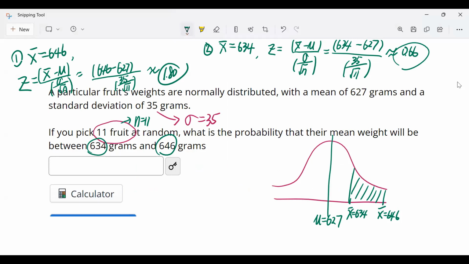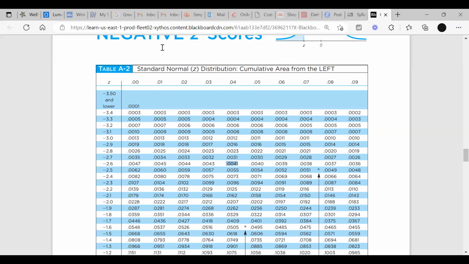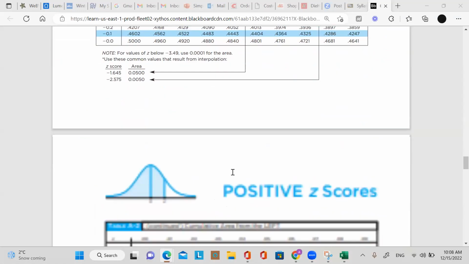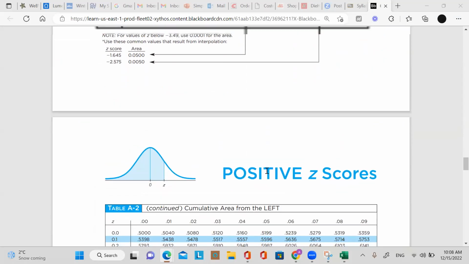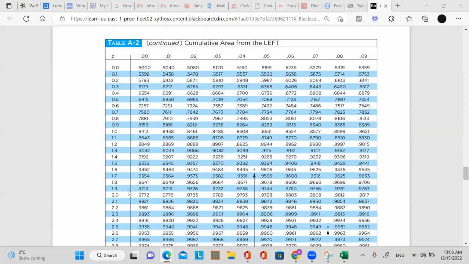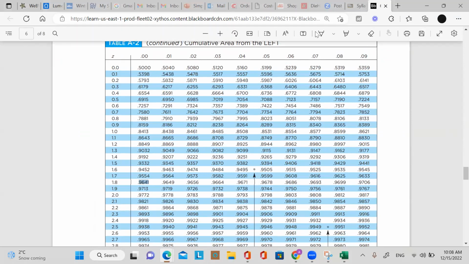Right, so now we're going to find the area for this one first, for the bigger z-score first, which is bigger area. So bigger z-score gives bigger area. Go back to table A2, look for 1.80. Second page. 1.80 is 0.9641.